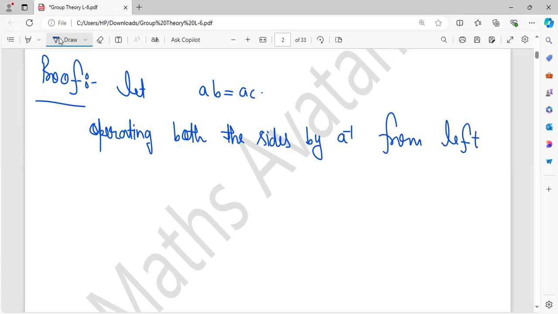So operating both the sides by a inverse from the left, what will we get? a inverse (ab) is equal to a inverse (ac).